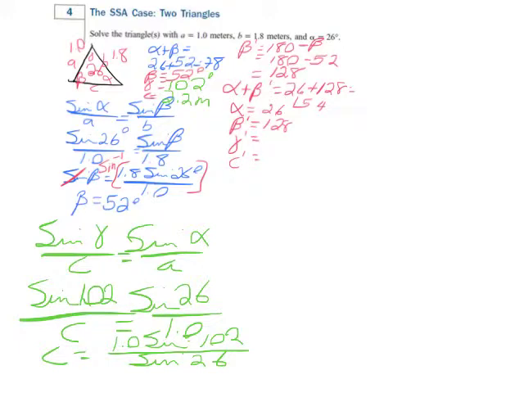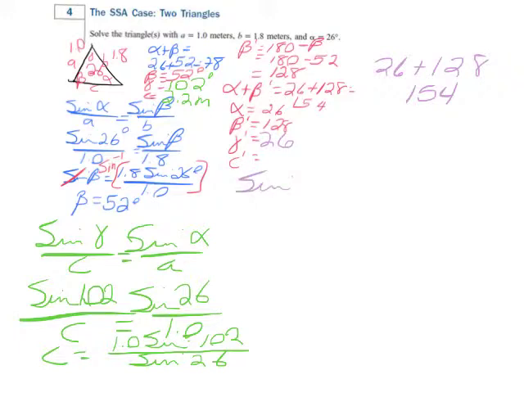Now let's go to our other side. And we need to find our gamma, so we've got 26 plus 128, which we said is 154. So subtract that from 180, and we would get 26. So our gamma is 26.